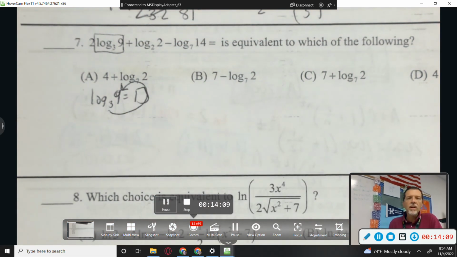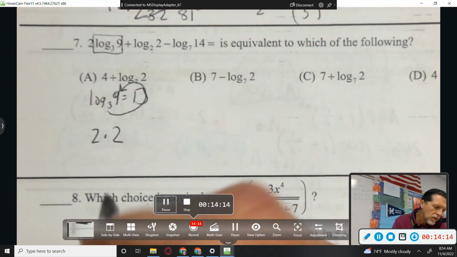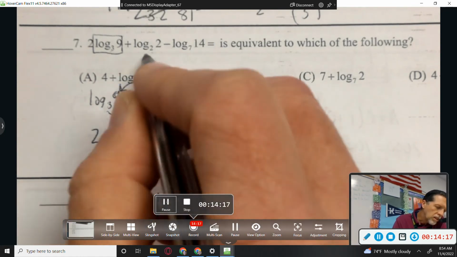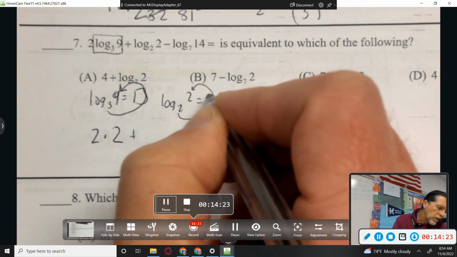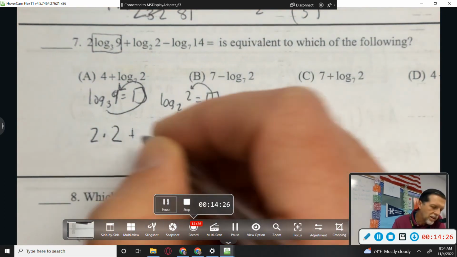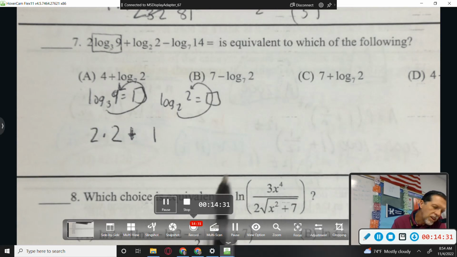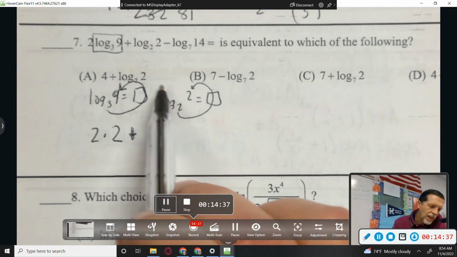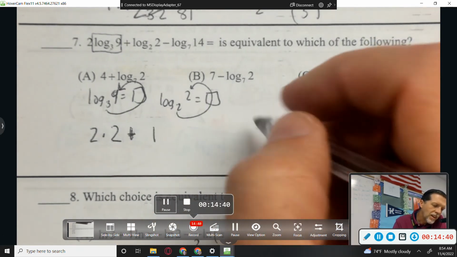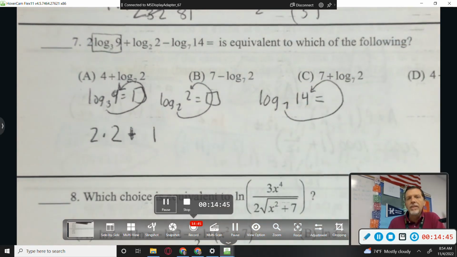Log base 3 of 9 is 2. And then don't forget the 2 that's out front. So 2 times 2. Log base 2 of 2 means 2 to the something equals 2. 1. And then log base 7 of 14, although I look at my answer choices and I don't have a 14 in there. And I also can't, 7 to what equals 14? I don't know. That doesn't work. It doesn't give me a nice answer anyway.